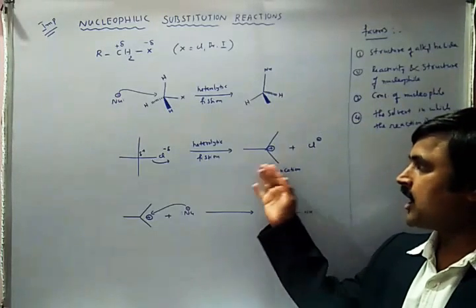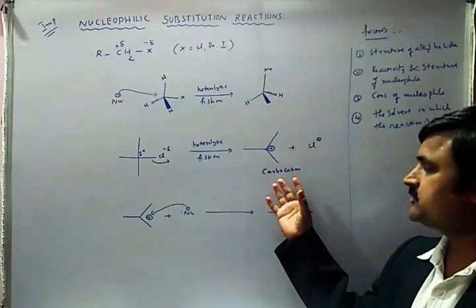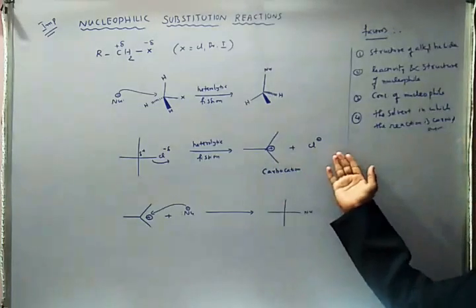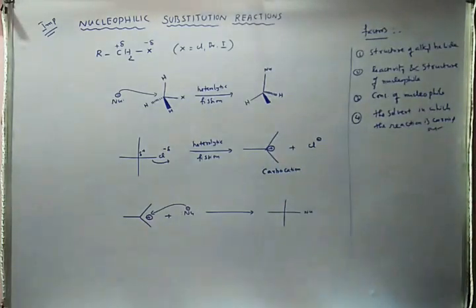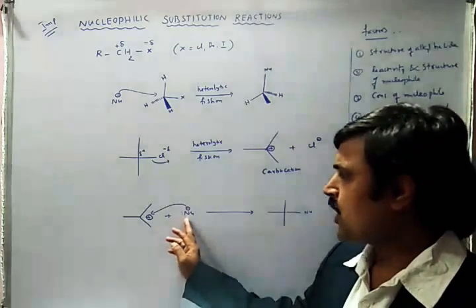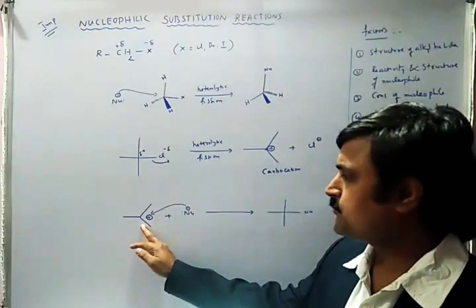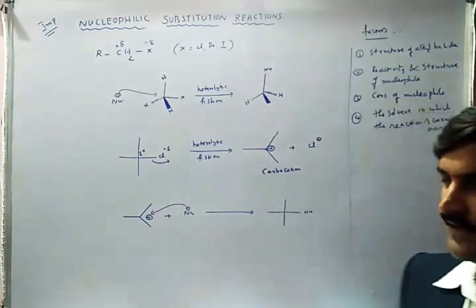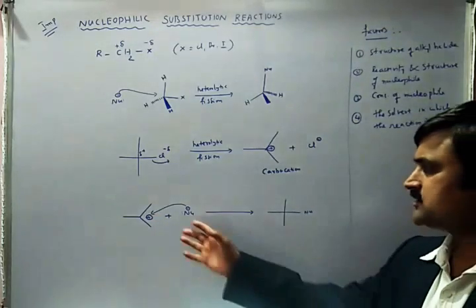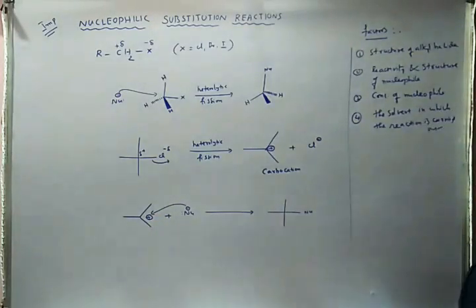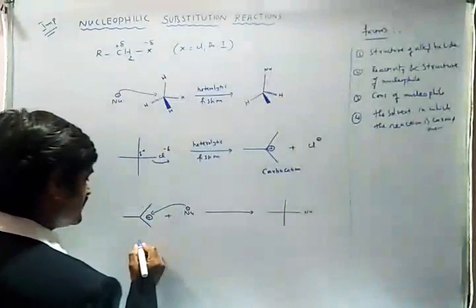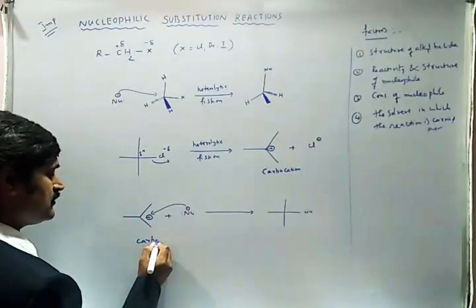Here the carbon became a fully positively charged species called a carbocation, and the halogen separates out, called the leaving group. After that, the positively charged carbocation receives the attack of the nucleophile, as both are oppositely charged, and they unite to give the final product.